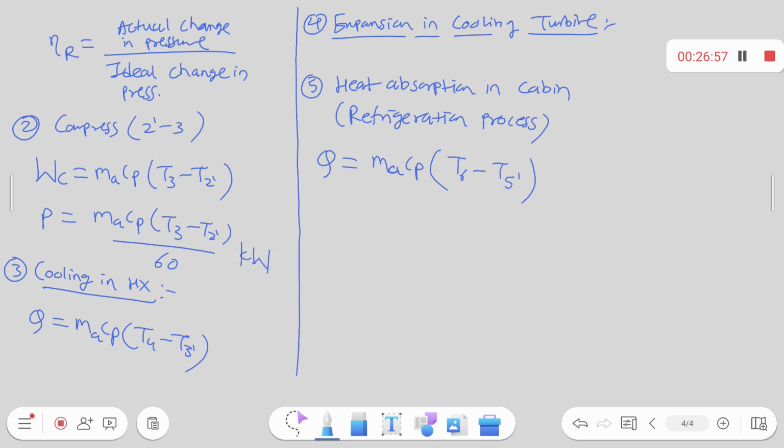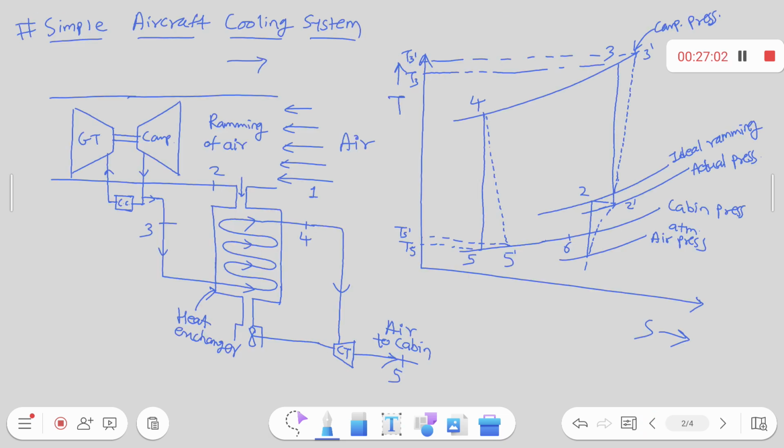T5 dash is the temperature of the air entering inside the cabin, right? So the cooling process is 5 dash to 6. Understood all these formulas?